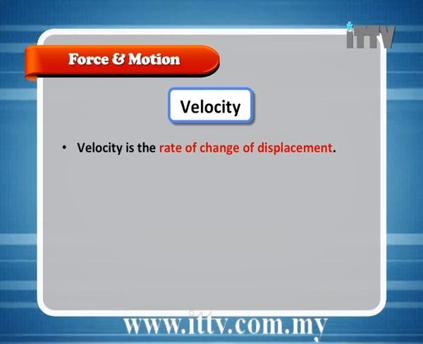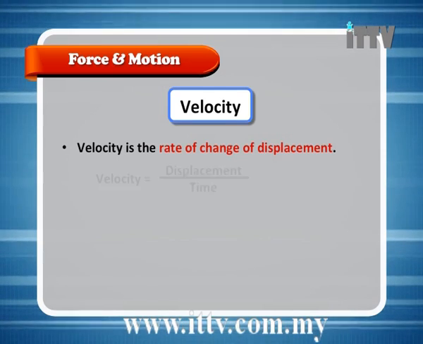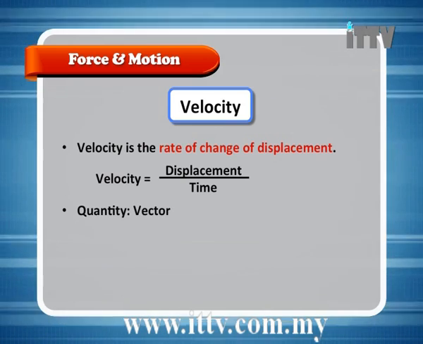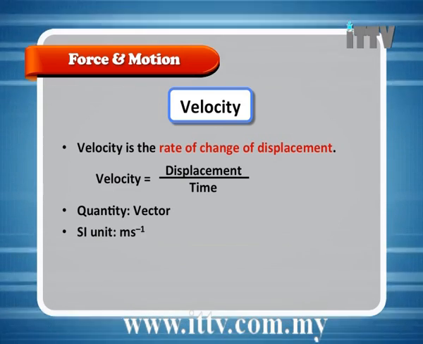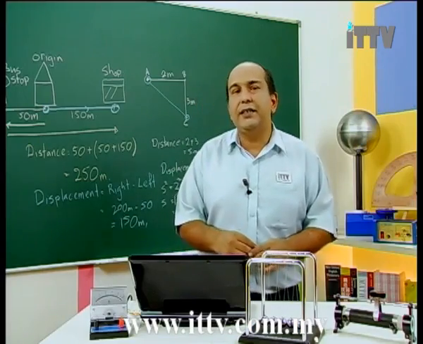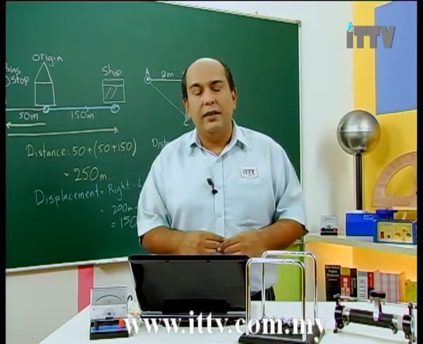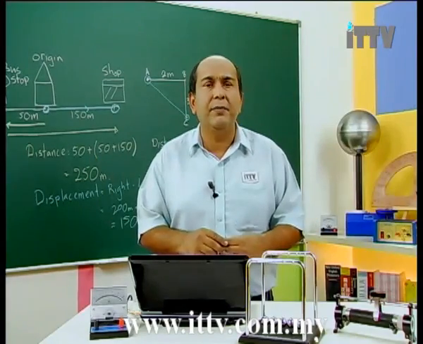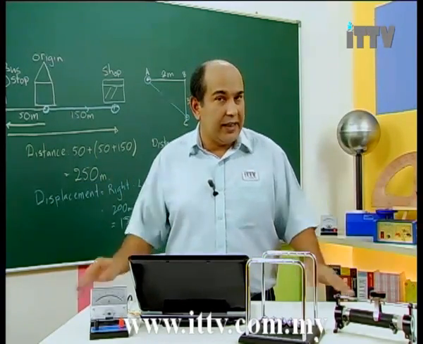Velocity is the rate of change of displacement. Velocity equals displacement over time. Quantity, vector. SI unit, ms^-1. So velocity is defined as the rate of change of displacement. Once again, because we're dividing by time, we call it the rate of change.